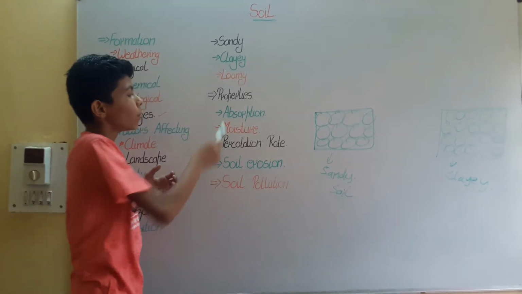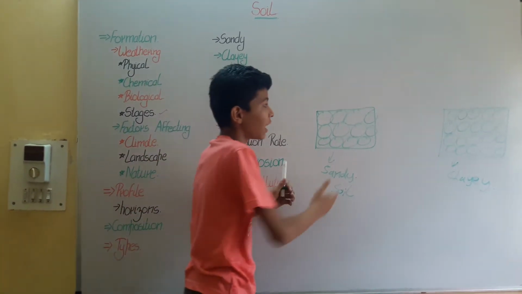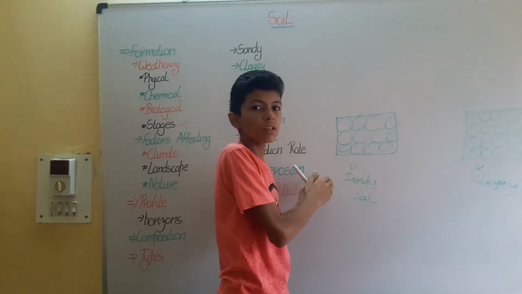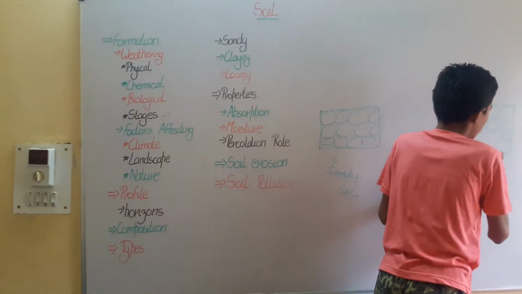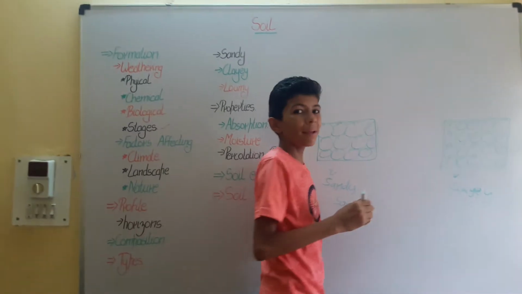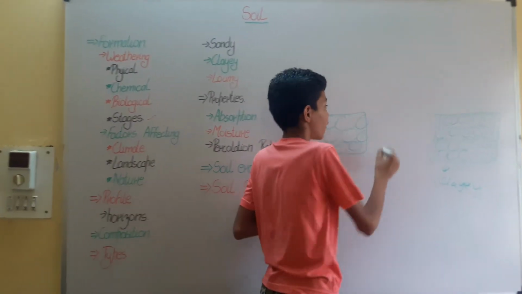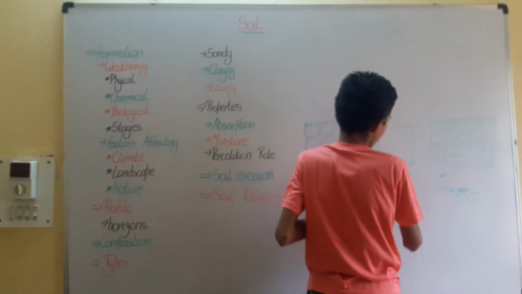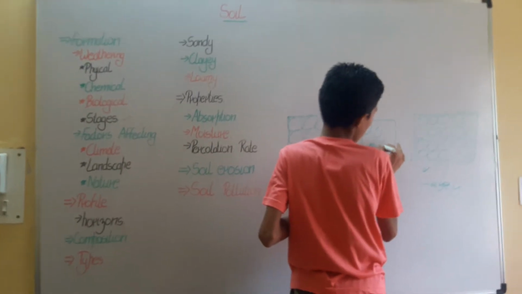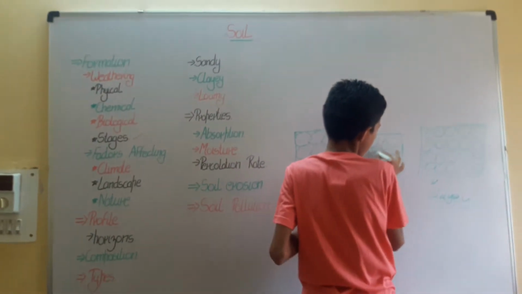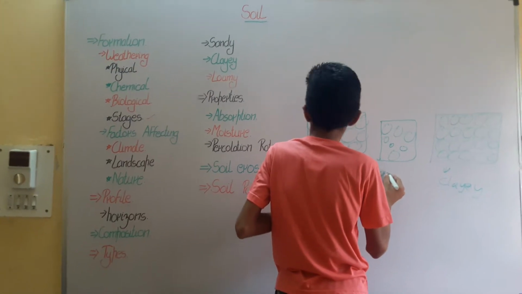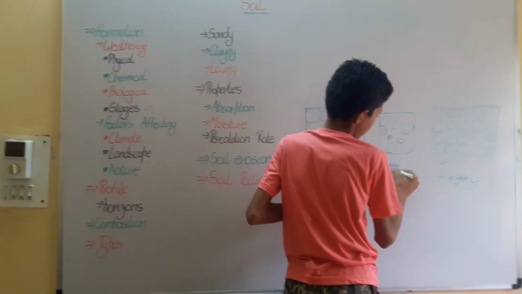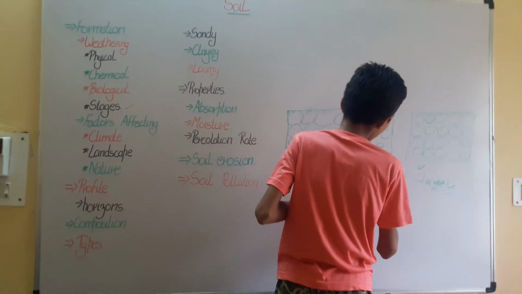Then loamy soil. If I take some particles of sandy soil and some particles of clay soil and mix both of them, I get loamy soil.